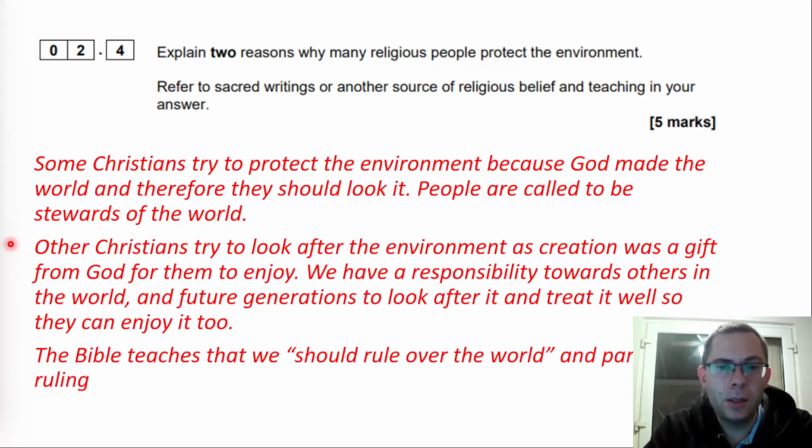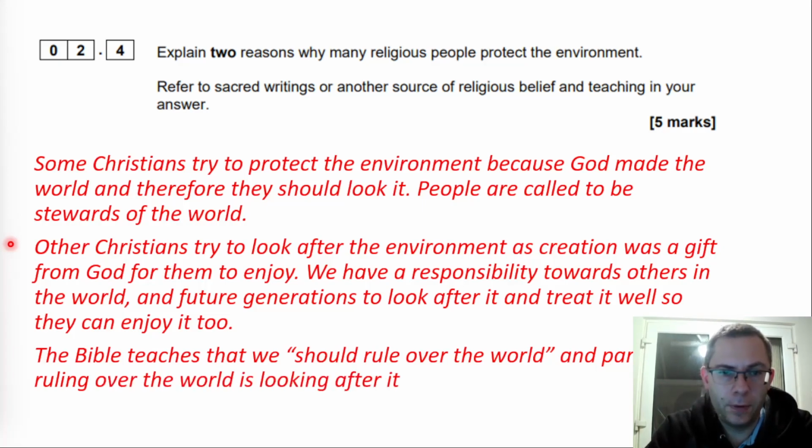So the Bible teaches that we should rule over the world, and part of ruling over the world is looking after it. Okay, there we go. I've got my quote in and it's explained. So there's my 5th mark. Okay, again, as I said earlier, you might do better than me on this. I'm literally throwing this together on the hoof because I want to sort of just demonstrate the technique of it.